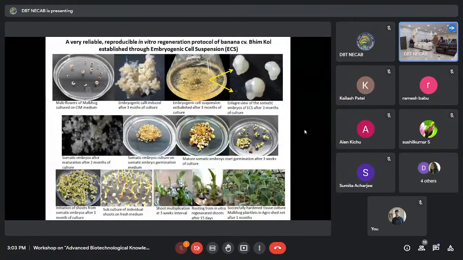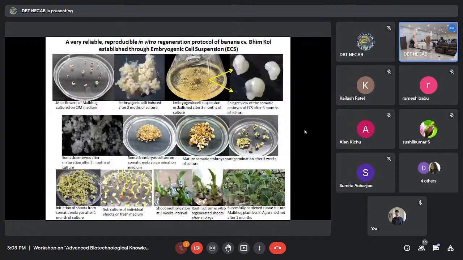Unless your embryo is mature, it does not germinate. Even if it germinates, this is called precocious germination. You know what precocious germination is? If an immature embryo germinates, it will display only those organs which are expressed in that embryo.